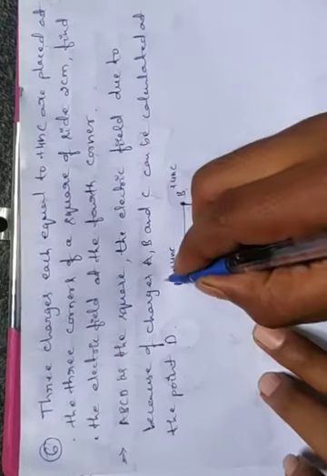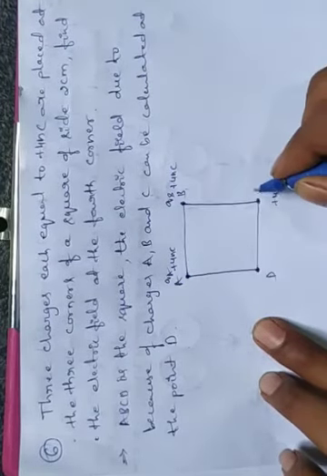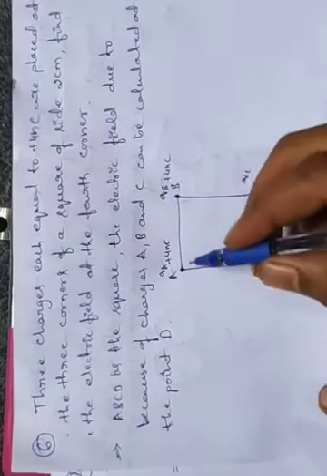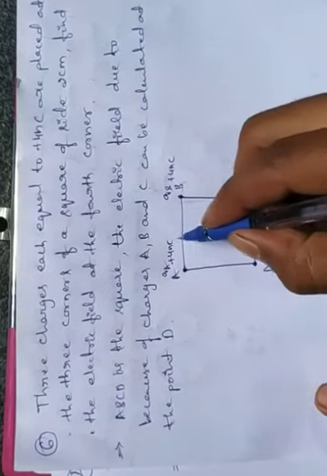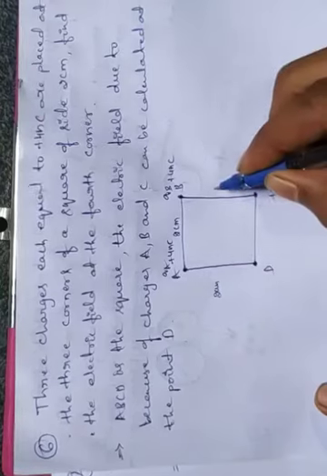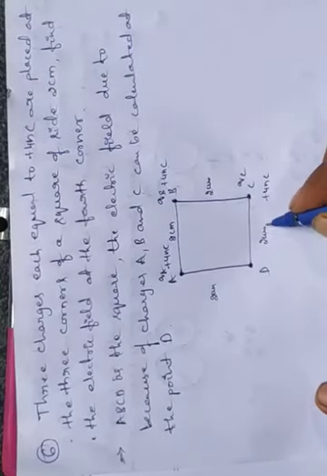Suppose they are QA, QB and QC. Observe carefully. They have given the distance, how much? 2 centimeter. Here it is 2 centimeter, 2 centimeter, 2 centimeter. All sides are 2 centimeter.